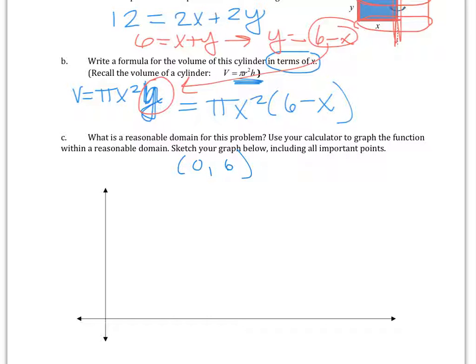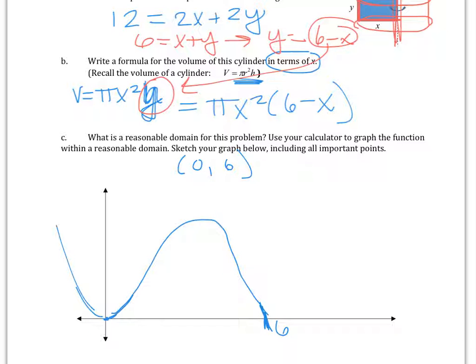And then we could grab our calculators and graph that function over that reasonable domain. When I do that, I end up with something that looks roughly like this. So this is going to cross at 6. Again, this goes up over here, but I don't really care about what happens to the left of the y-axis because I'm only considering the domain 0 to 6.